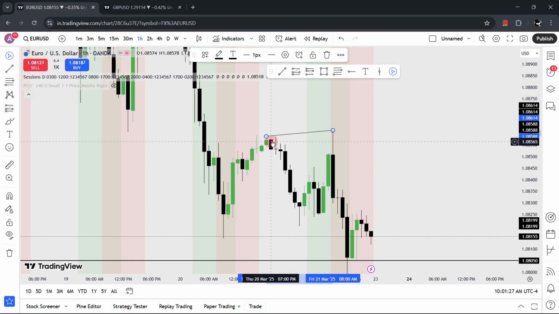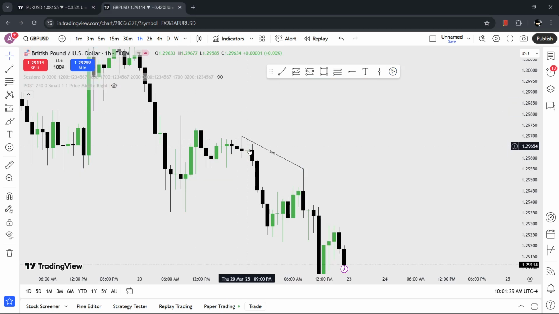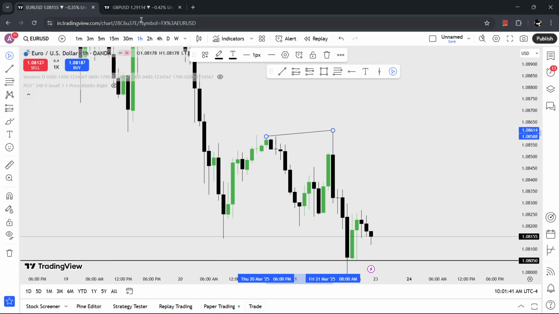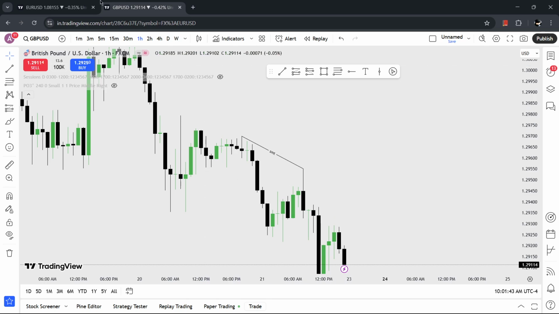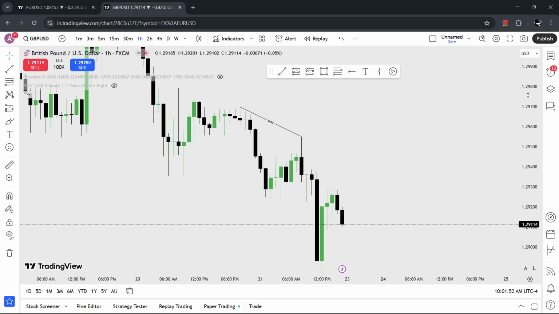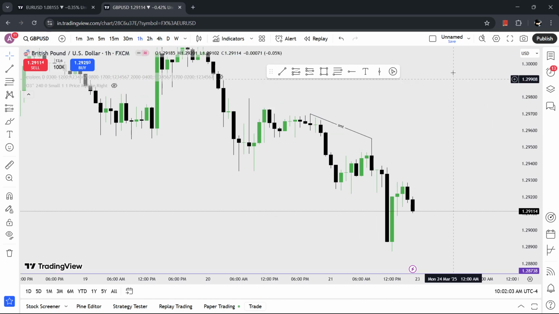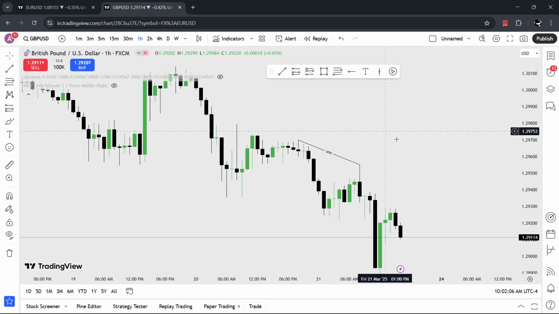If GBP was a stronger currency than Euro, and the weaker currency was able to take out the high but the stronger currency was not able to take out this high, it indicates weakness in GU, or GBP USD, which is a price reversal indication.